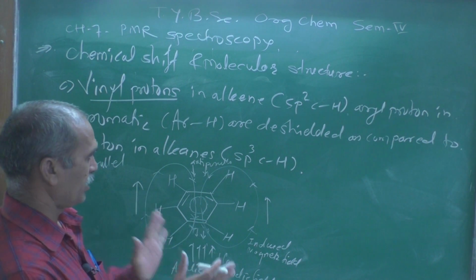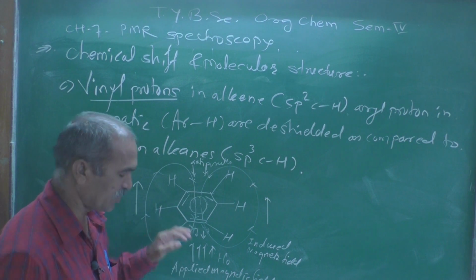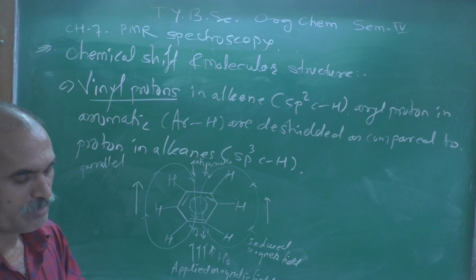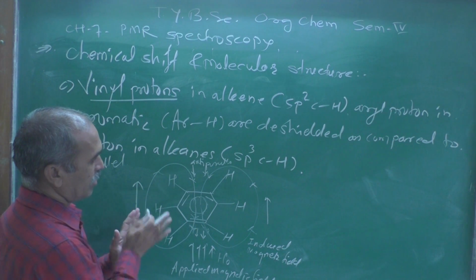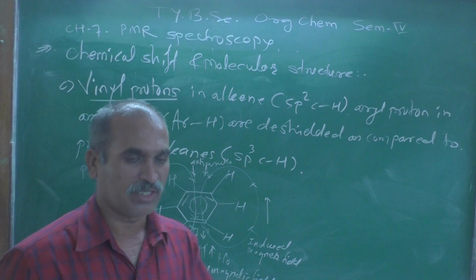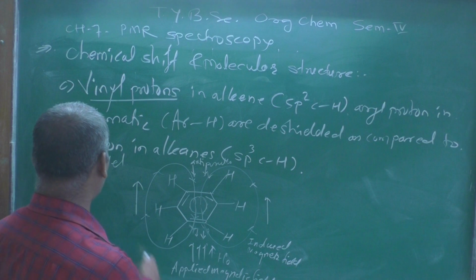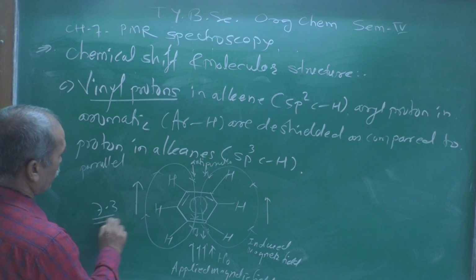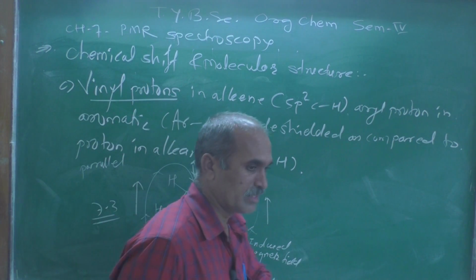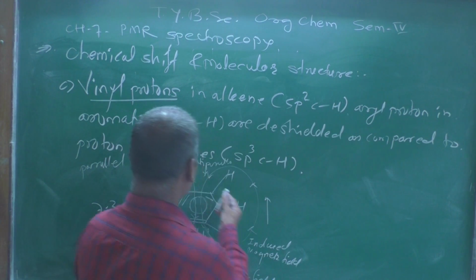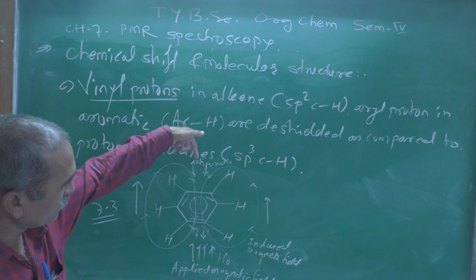When the direction is the same, the applied magnetic field needed is lower, which means deshielding increases, and that's why all these protons fall in the deshielding zone, and therefore the delta value, the chemical shift value, is found to be 7.3 for the aromatic protons.